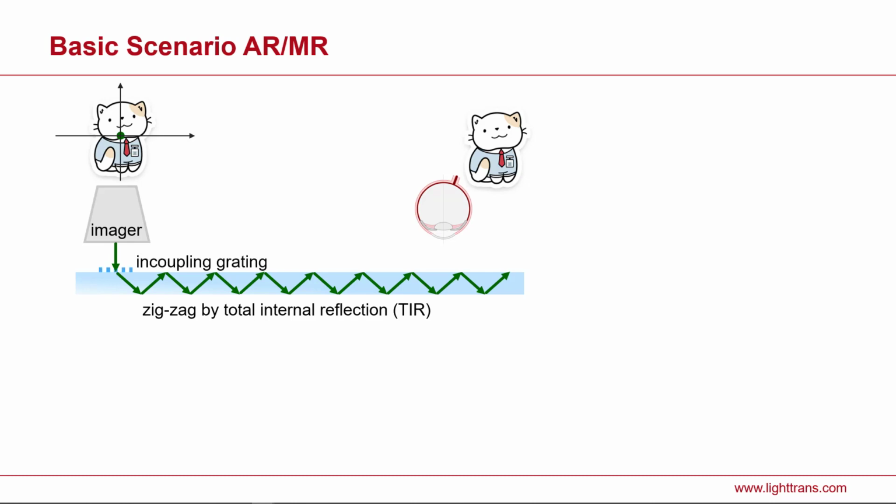In order to couple that plane wave into the device so that it can be transported under conditions of total internal reflection, we use an in-coupling grating. We all know that it's a very elegant way of achieving that purpose. And then for exit pupil expansion, that is related to what we just mentioned, that we need to be able to cover the whole range of positions of the eye with the functionality of our device, and then also for outcoupling the information so that it reaches the eye, we also use gratings.